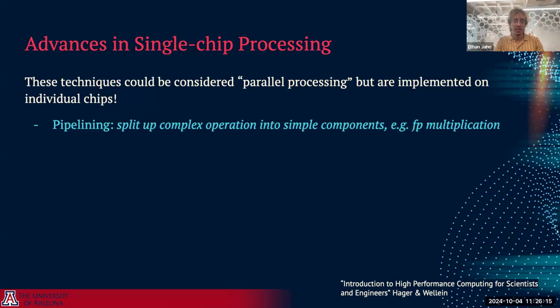So one example is pipelining, which is to split up a complex operation into simple components. If you're multiplying a floating point number, FP there stands for floating point, you might think about the way that a floating point is represented in binary.